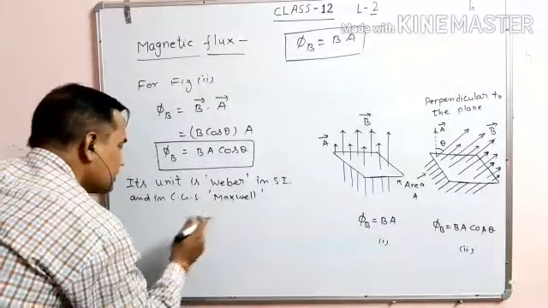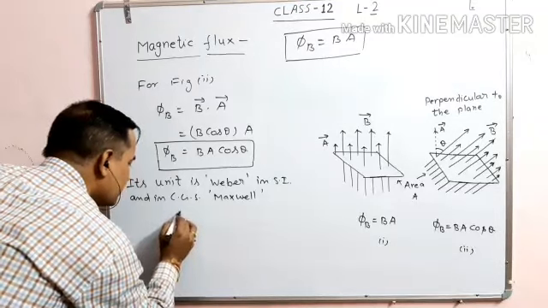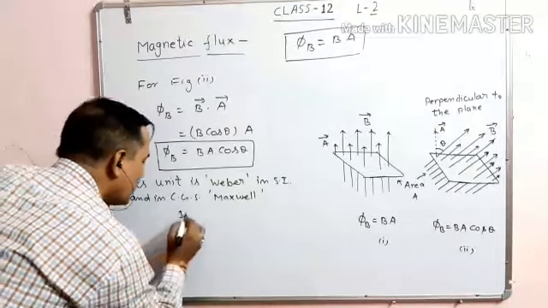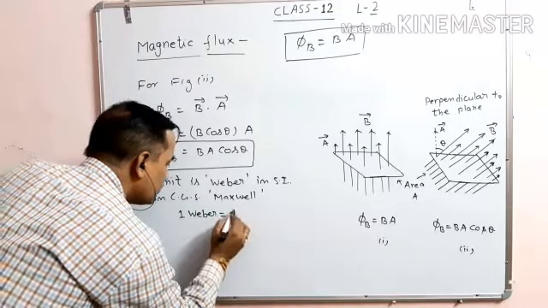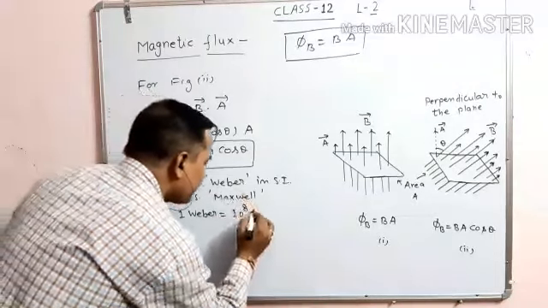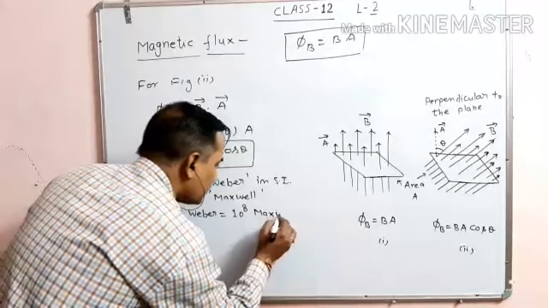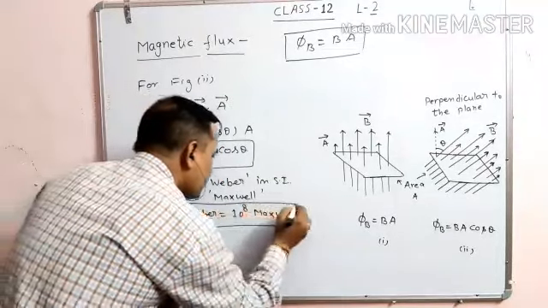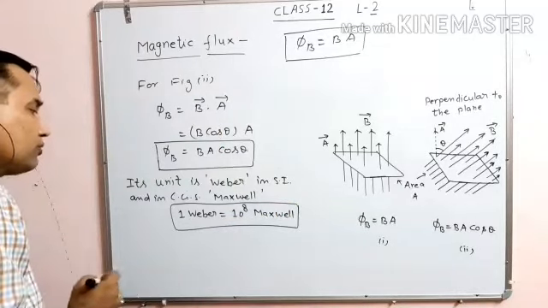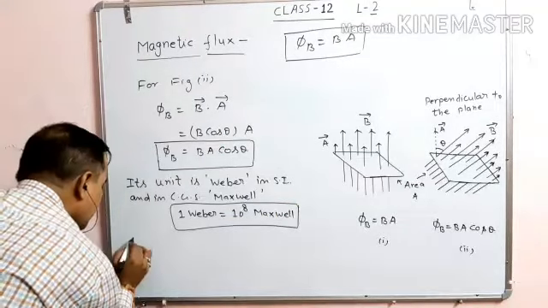And the relation between these two units is 1 Weber is equal to 10 to the power 8 Maxwell. This is a very important relation from a competition point of view. So 1 Weber is equal to 10 to the power 8 Maxwell.